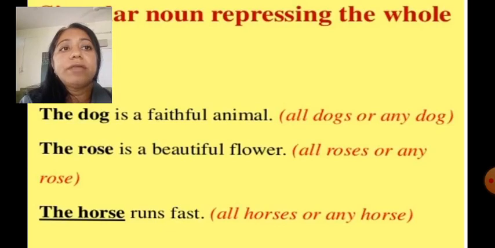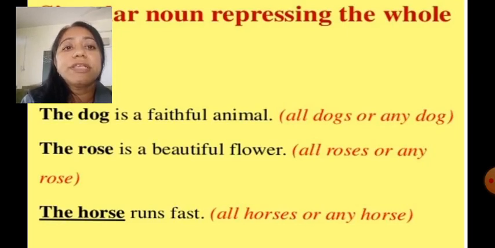Next, a singular noun representing the whole class. The dog is a faithful animal. Here we are talking about all dogs or any of the dogs. We are not talking about any particular dog. We are talking about the whole class of dogs, so we will use the dog.